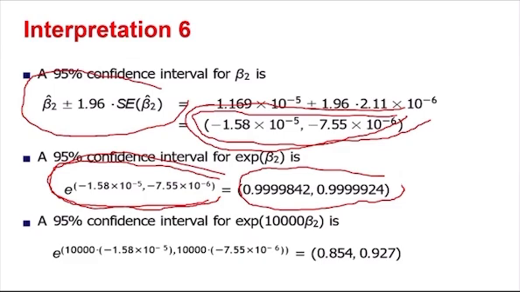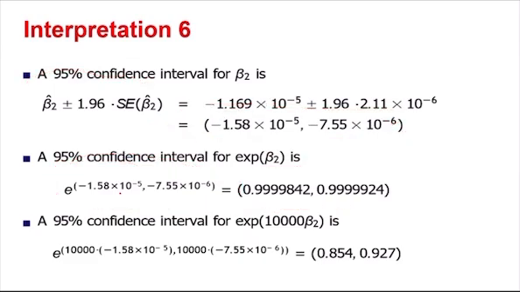Let me also tell you this. We can do a confidence interval for a situation where we don't want just a unit increase. Maybe we want a $10,000 increase. We can do the confidence interval for the expected count, which is what I have here.